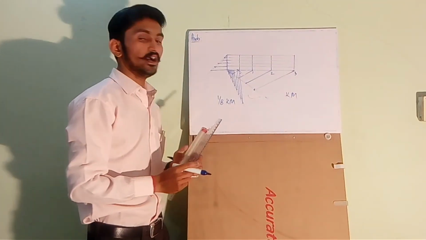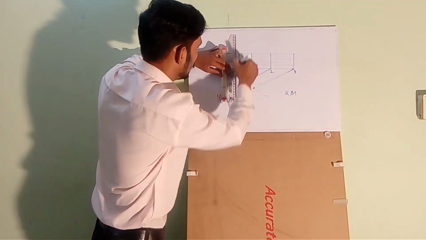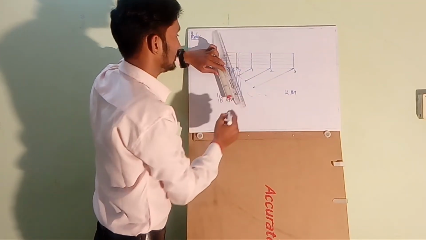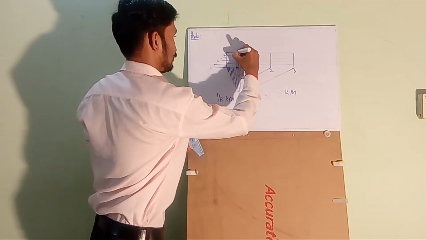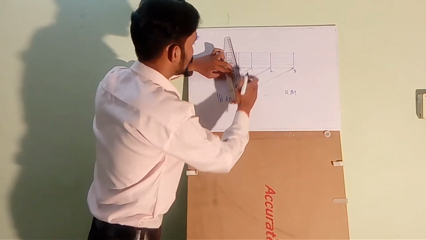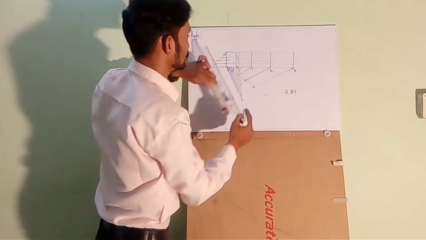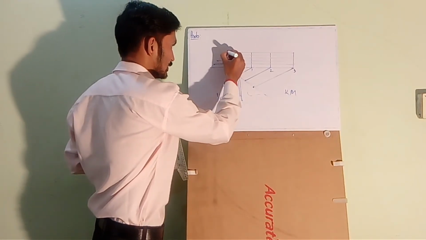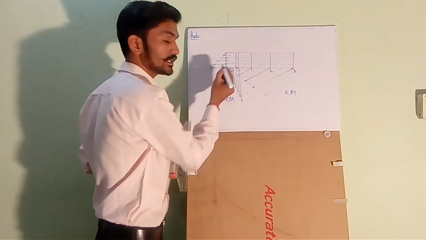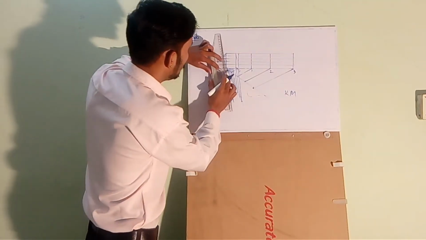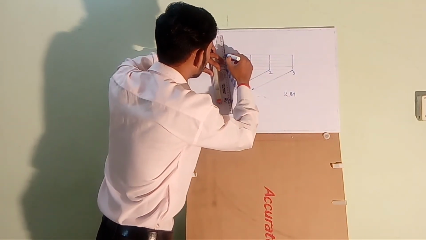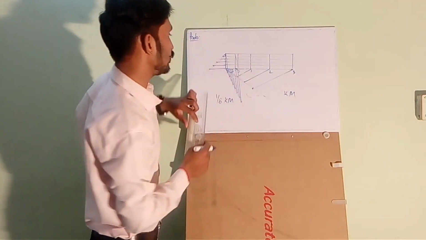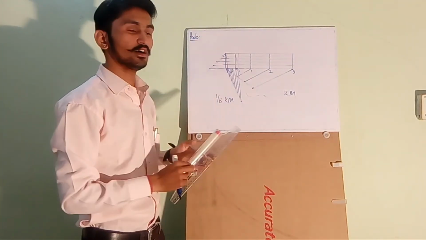Now you can draw a line from 1, and from this point to this point we can draw another inclined line. We have another option to do the same thing. We can take this point and the second last point, and join them. So we will get the parallel lines.